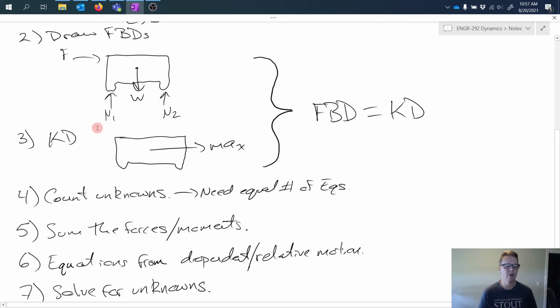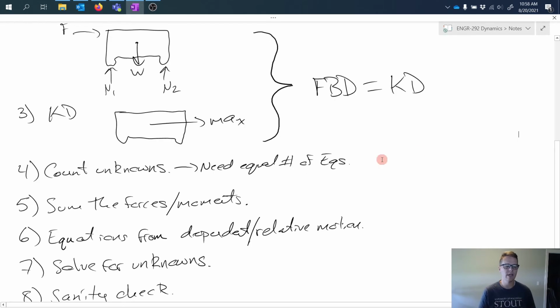Kinematic diagrams graphically represent what types of motion are possible. Those could include translations, of course, which are represented as accelerations, and they can include rotations, which are represented as rotational accelerations. We can take those two things, the free body diagram and the kinematic diagram, and set them equal to each other. Remember that those diagrams are graphical representations of our equations of motion.